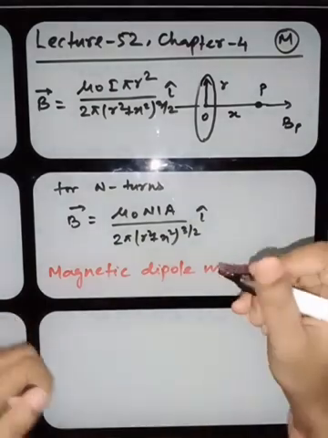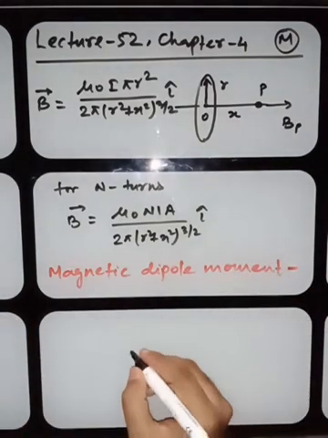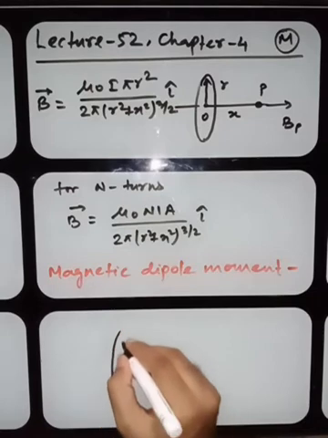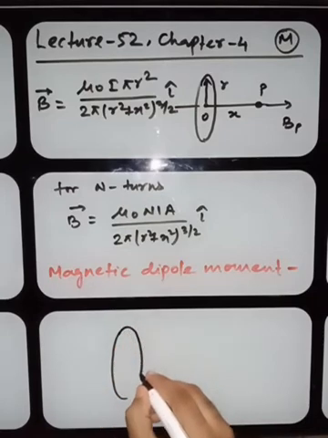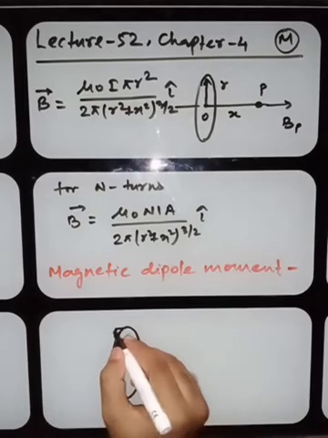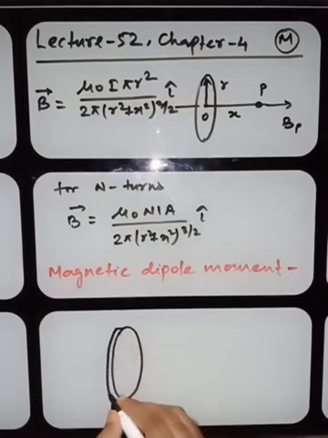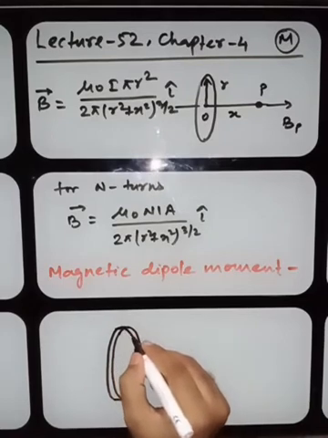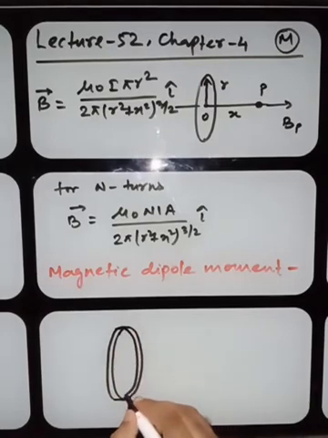Okay, look here. On the basis of what we have studied, we are going to make a diagram. Suppose we have n number of turns of our conductor, like this.